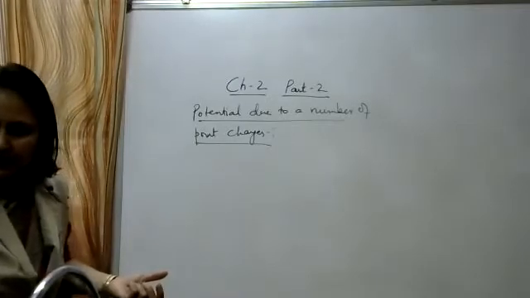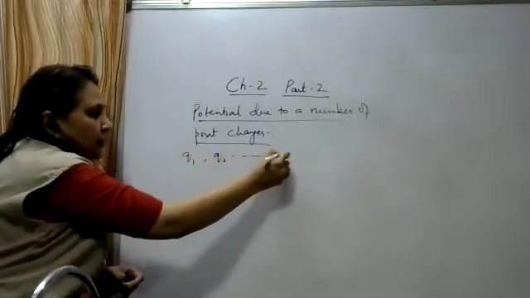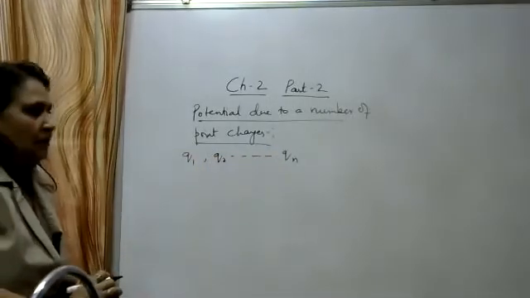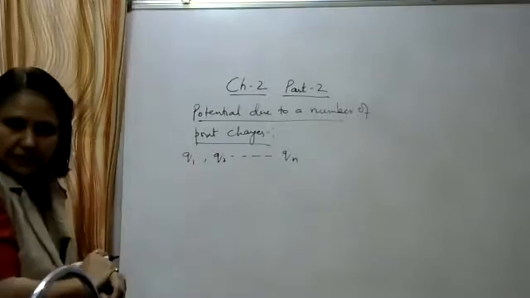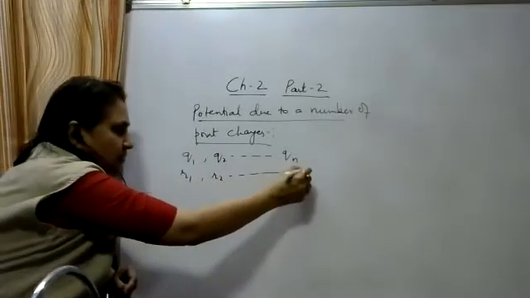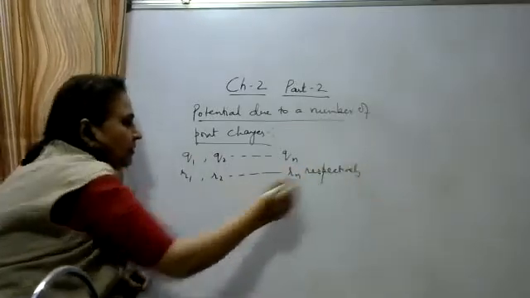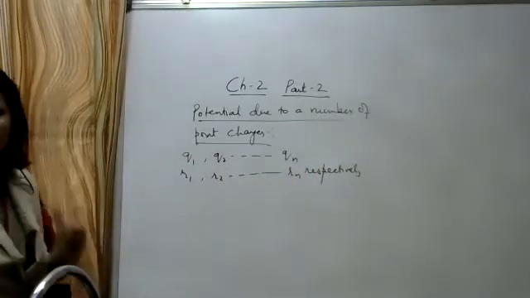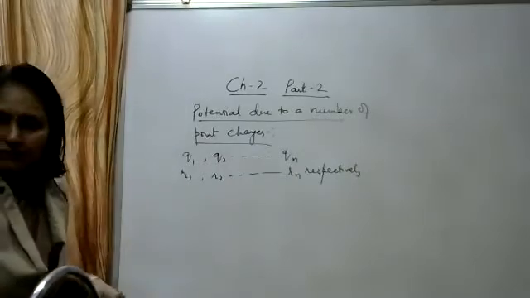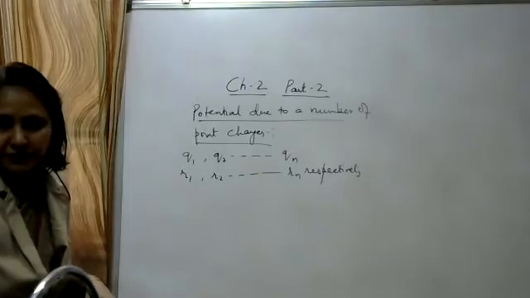So write down, let Q1, Q2, Q3, Qn be at R1, R2, Rn respectively. Let Q1, Q2, Q3 and so on Qn charges have position vectors R1, R2, R3, Rn respectively.